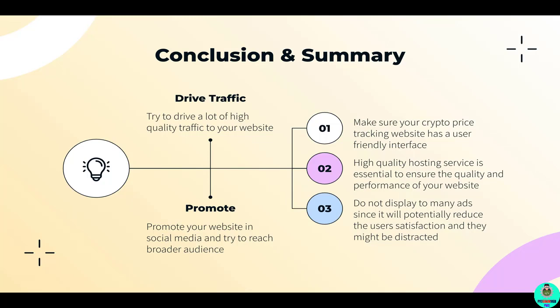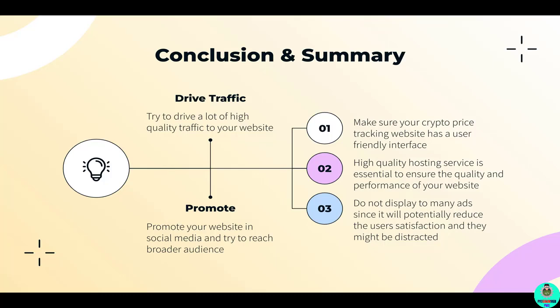All right. There are many ways that you can drive traffic to your websites, and one of the best ways to do it, based on my personal experience, is to do social media promotions. So what you need to do is promote your websites on social media platforms and try to reach a broader audience, guys.